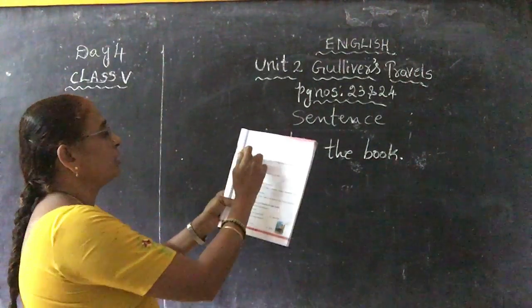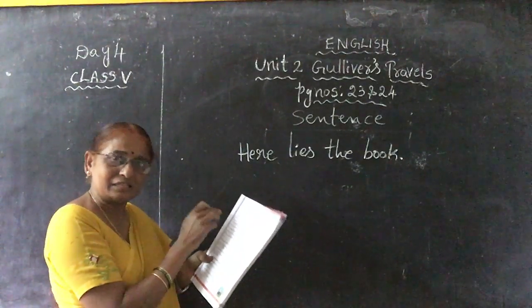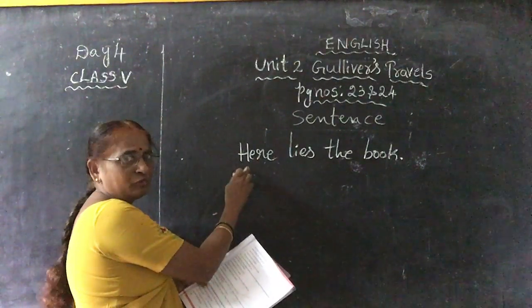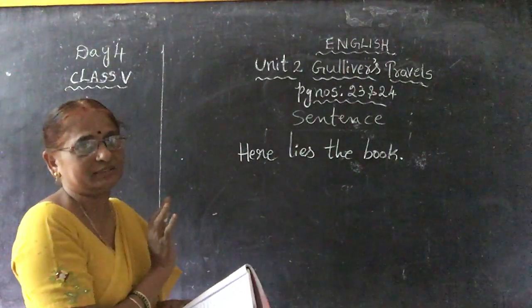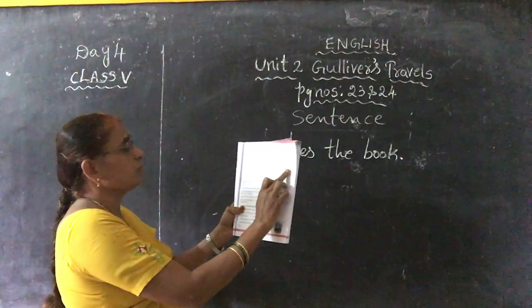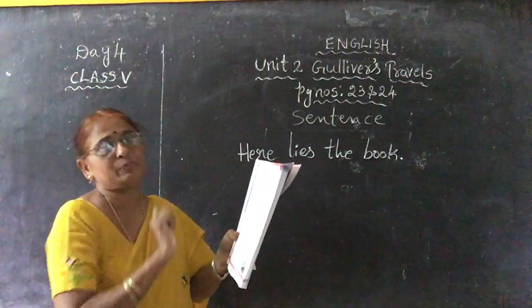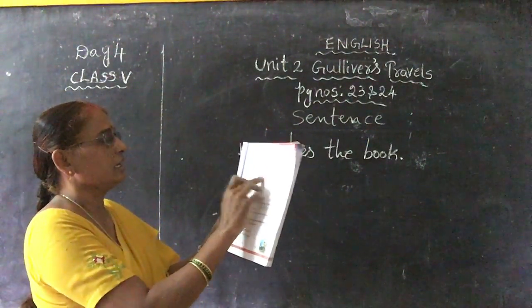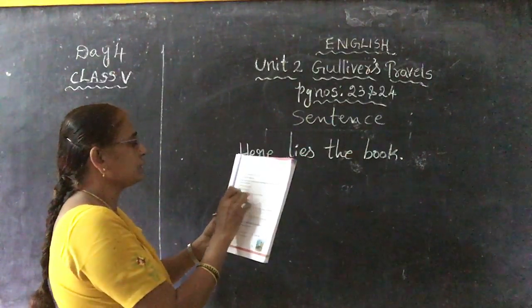That applies only to the first 1 to 8 sentences, where the first word is the subject. But sometimes it is put after the predicate. Here lies the book. How majestic is the whale?